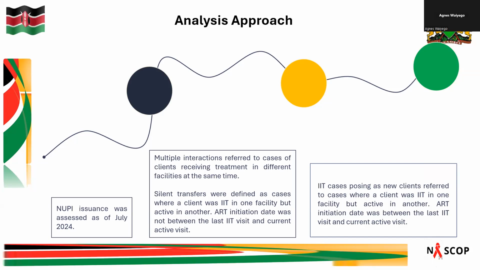For those ones, their ART initiation date is not between when they were termed as IIT and when they made their clinical visit in the different facility. Then those who presented as new patients with their ART initiation date between those 2 points, we define as IIT cases posing as new clients. We can go to the next slide.